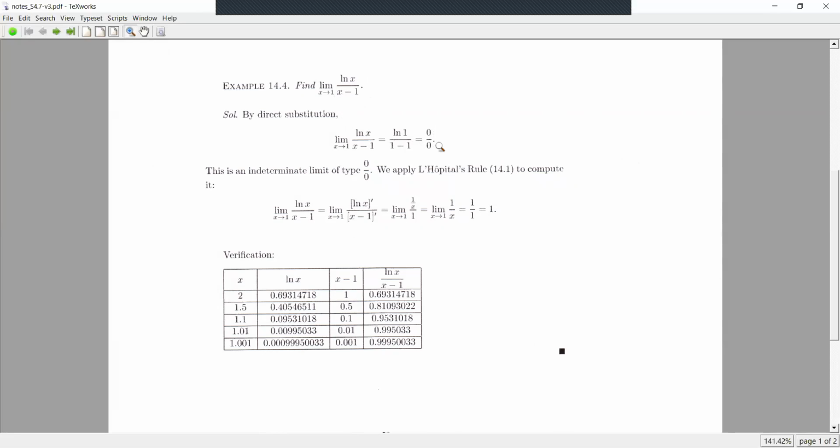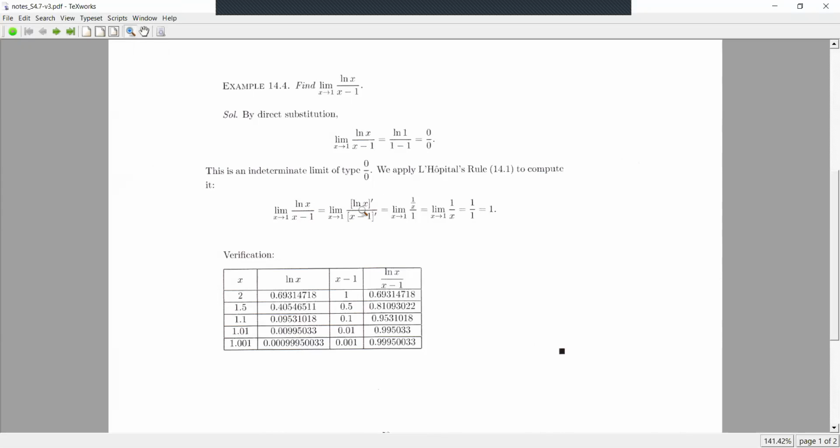We cannot determine the limit. But because this is a difficult limit of the type 0 over 0, we can apply L'Hopital's rule, okay? By L'Hopital's rule, this limit is this limit: the derivative of the numerator over the derivative of the denominator.